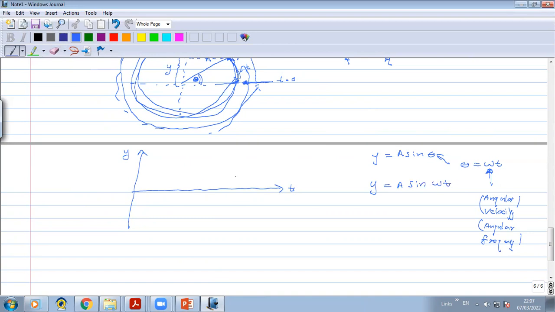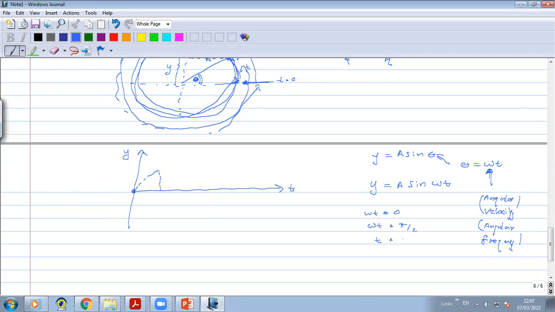You know that when this omega t is equal to 0, this is 0. When this omega t is equal to pi/2, here it is not t equal to pi/2, please understand that, but omega t is equal to pi/2.